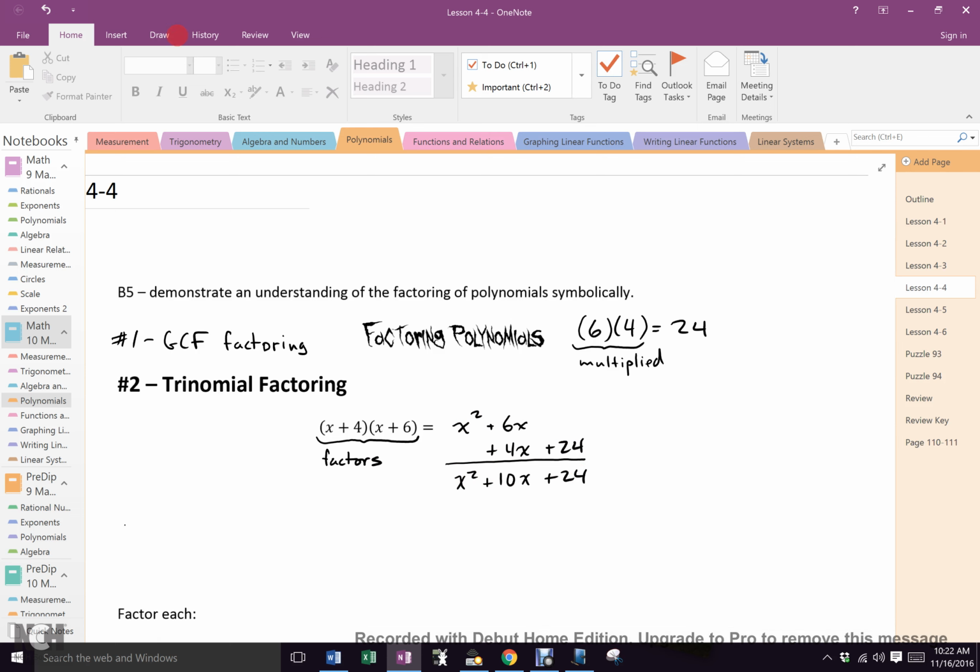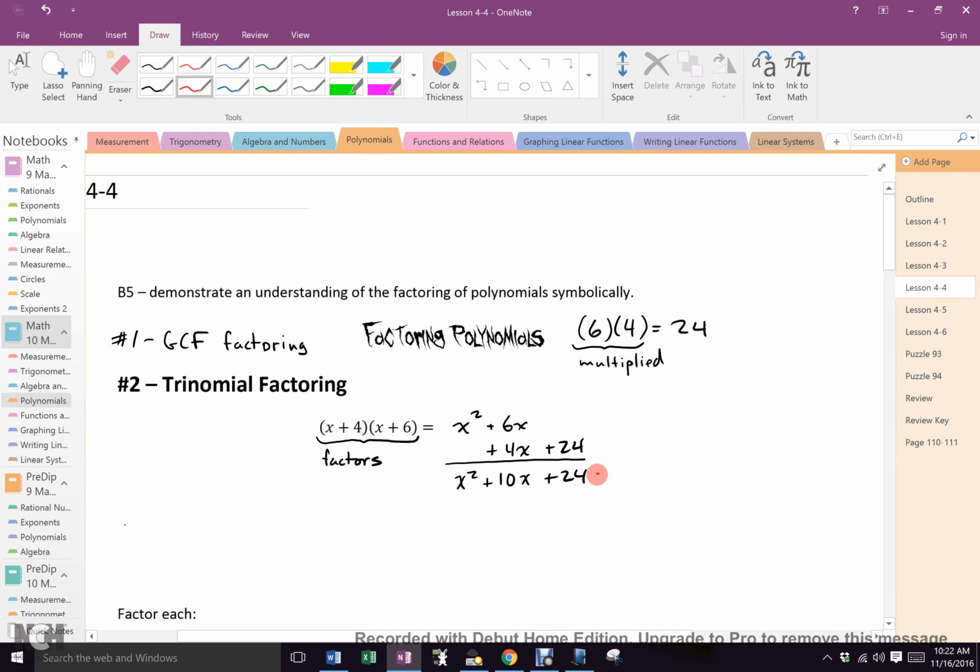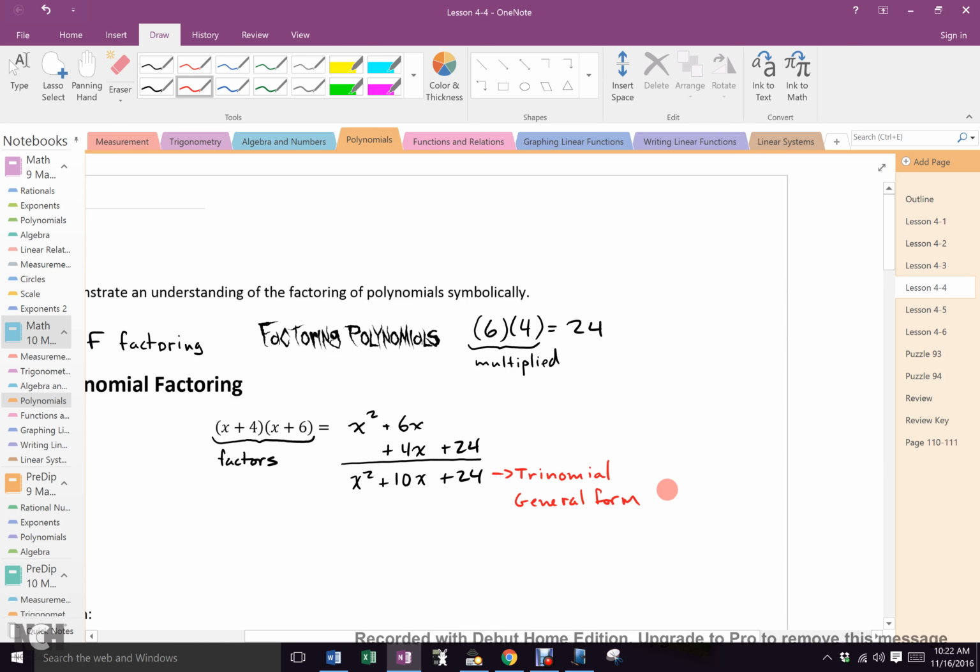And this gives us a trinomial. Now, trinomials have what we call a general form. Basically, trinomials all follow this: ax squared plus or minus bx plus or minus c.